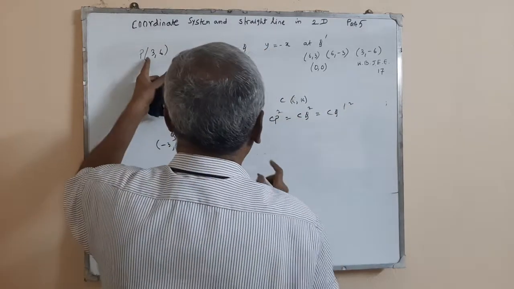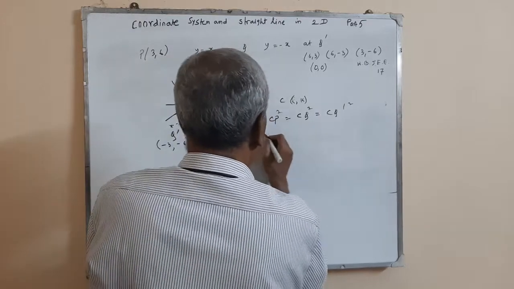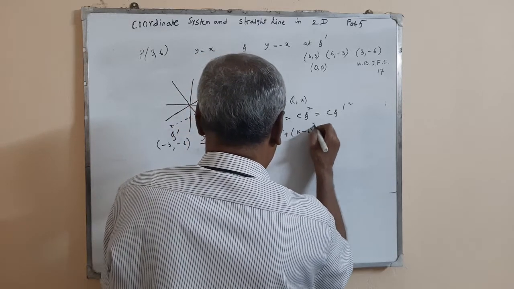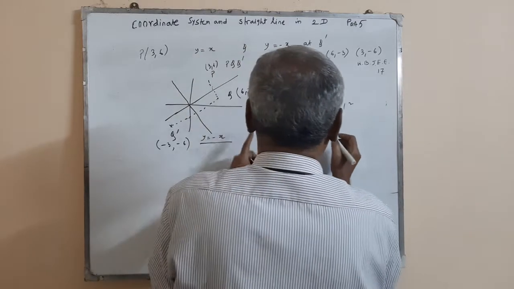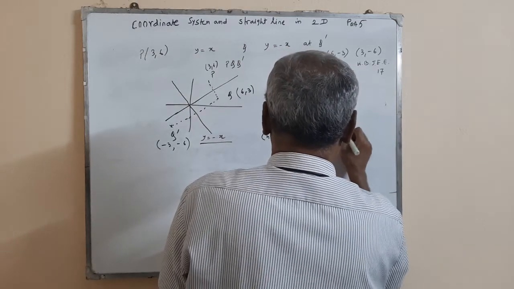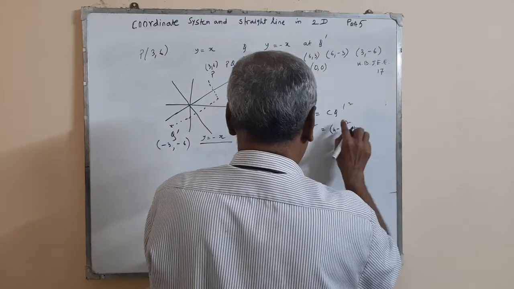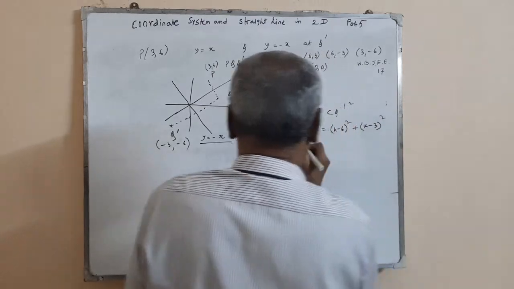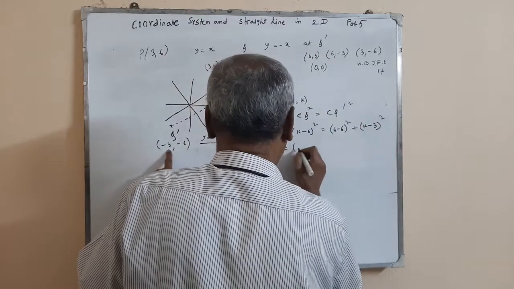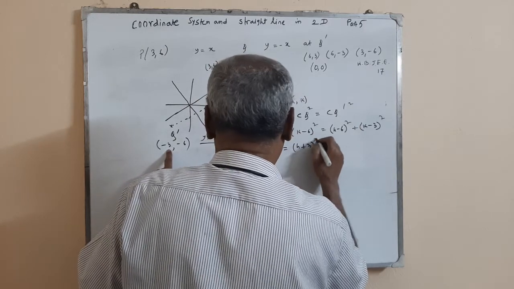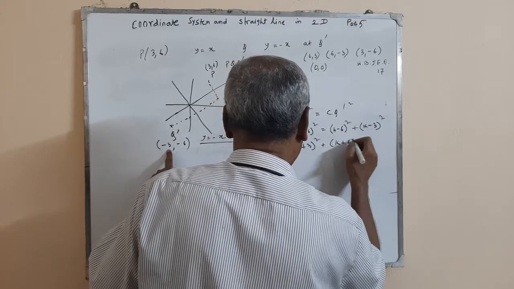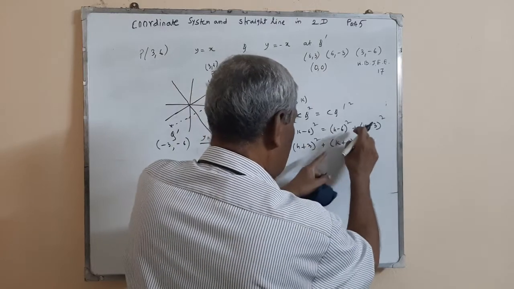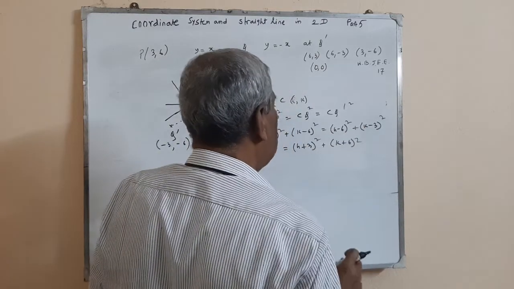CP square means h minus 3 whole square plus k minus 6 whole square is equal to CQ square, h minus 6 whole square plus k minus 3 whole square, is equal to CQ dash square, that is h plus 3 whole square plus k plus 6 whole square. Now we get actually 3 equations.